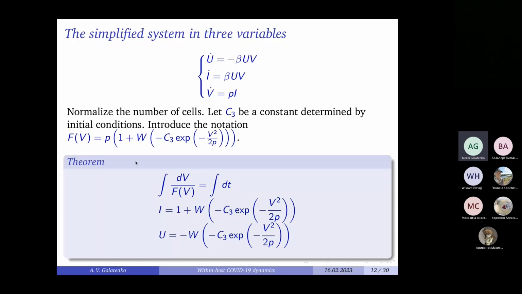And we can write out the expression for the number of viruses in terms of T, the number of infected cells in terms of V, and the number of uninfected cells also in terms of V. The behavior of the system is much more complex than the behavior of the system in 2 variables. So we don't have such a neat characterization and such neat pictures as in the previous case.